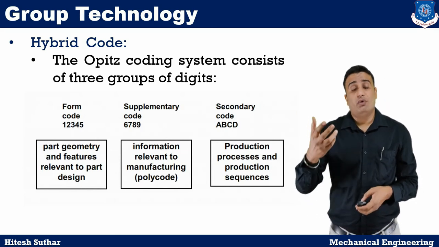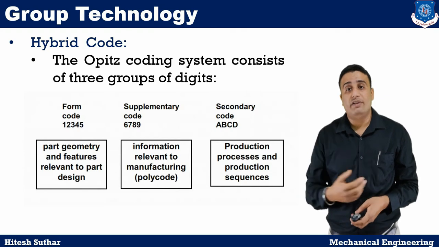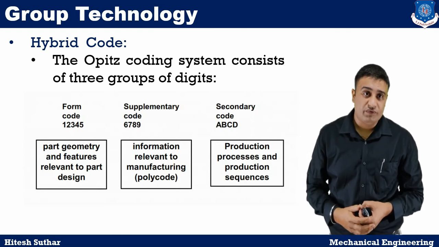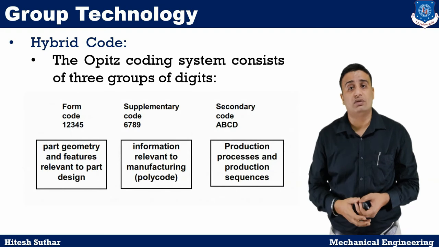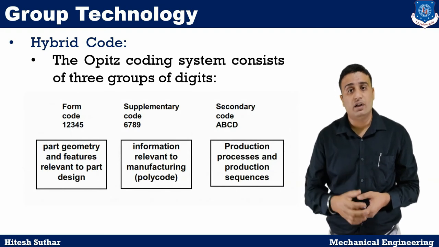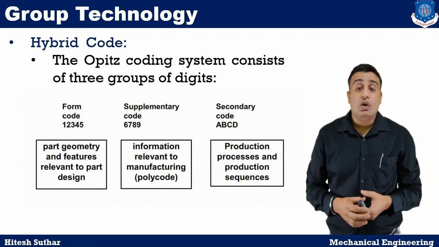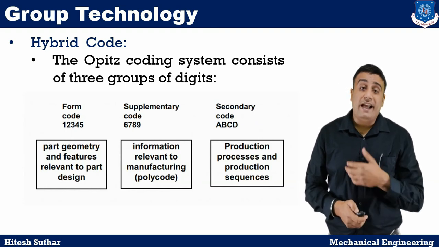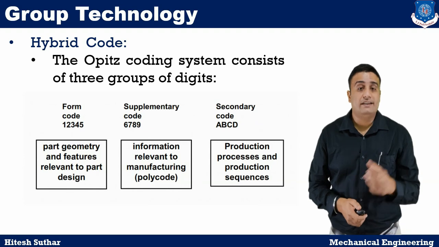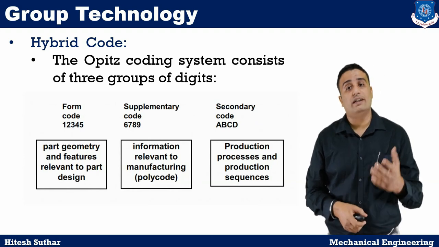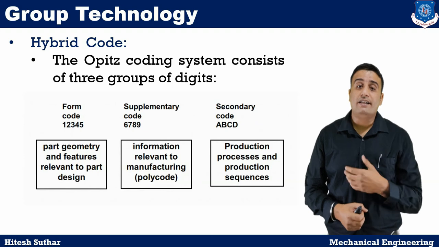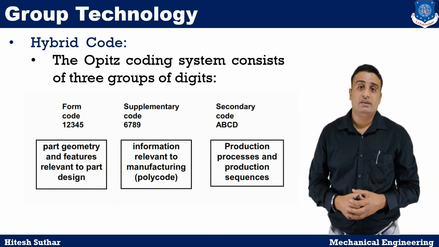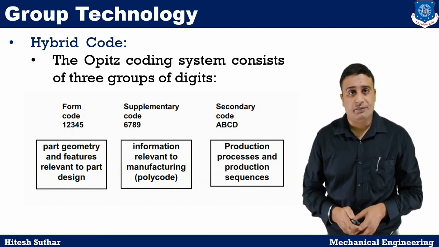The next 4 digits, 6, 7, 8, 9, are known as the supplementary code, which indicates some of the attributes that would be useful in manufacturing, for example dimensions, work material, starting shape, and accuracy. The extra 4 digits, A, B, C, D, are referred to as the secondary code and are intended to identify the production operation types and sequences.